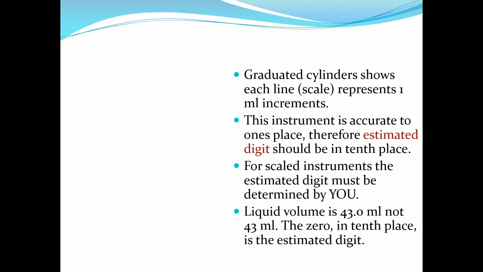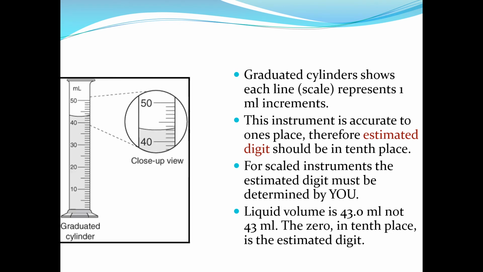So for the liquid volume of this, if you remember, you measure from the meniscus to the bottom of it, and you can see it's around 43. Note that you would write 43.0 because you don't know precisely if it's above that line, on that line, or under that line. You have to estimate it when looking at it.